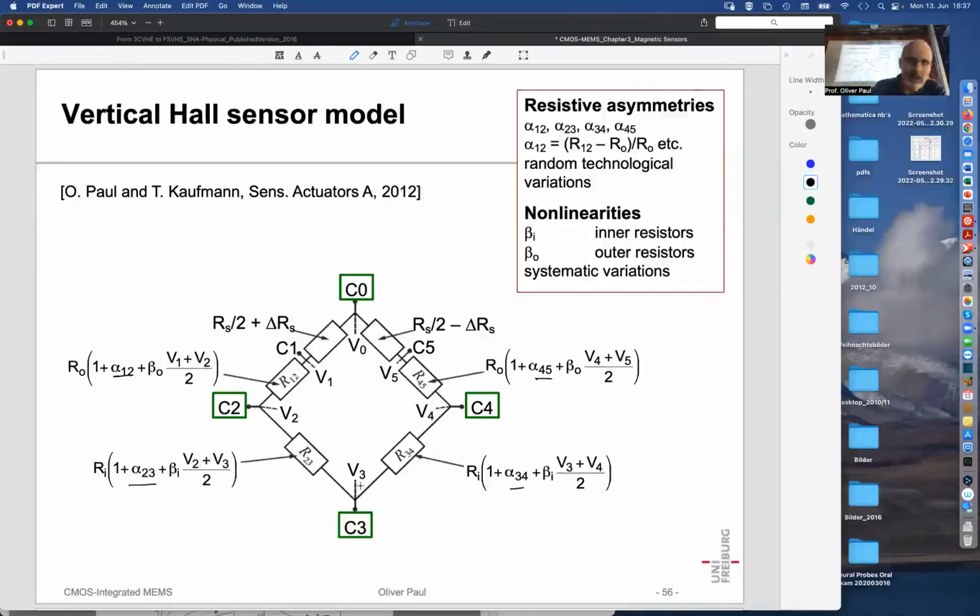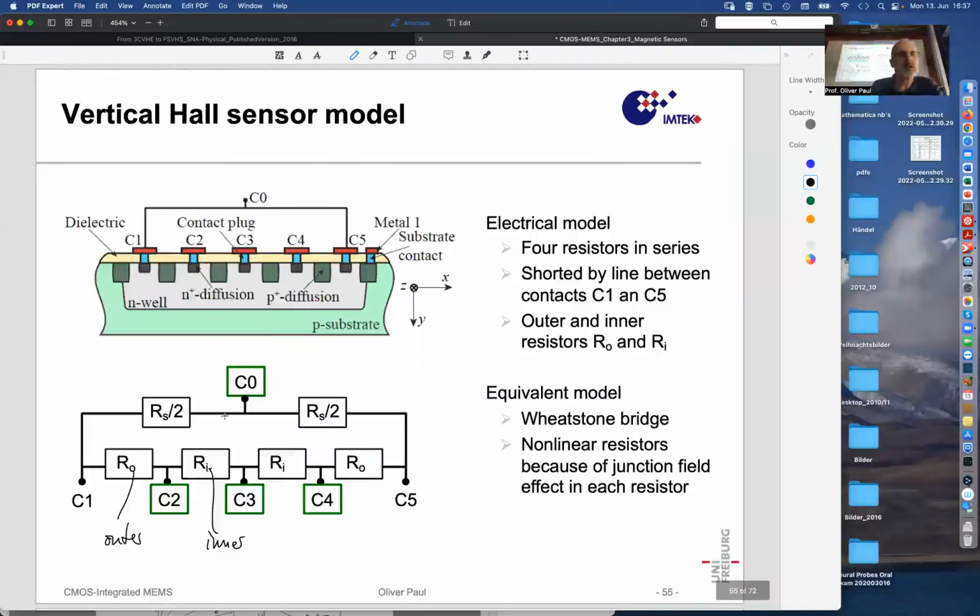So why should that be the case? Well, between contact 2 and 3, where is 2 and 3? Here, we have a PN junction. And the width of that PN junction depends on the applied voltages at the contacts 2 and 3 with respect to the P substrate. So the resistance depends on the voltages that are applied.